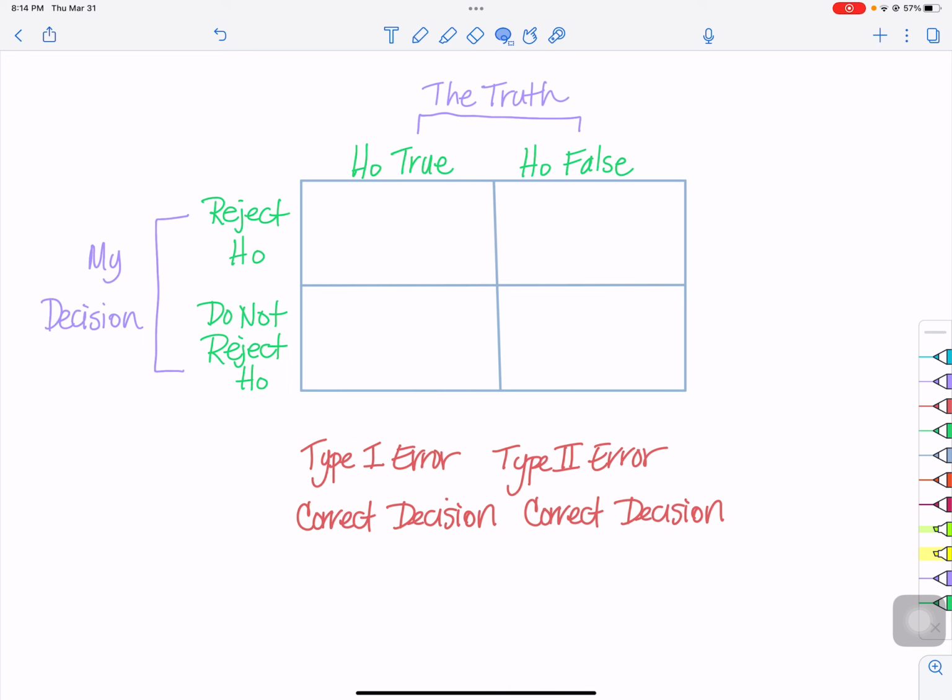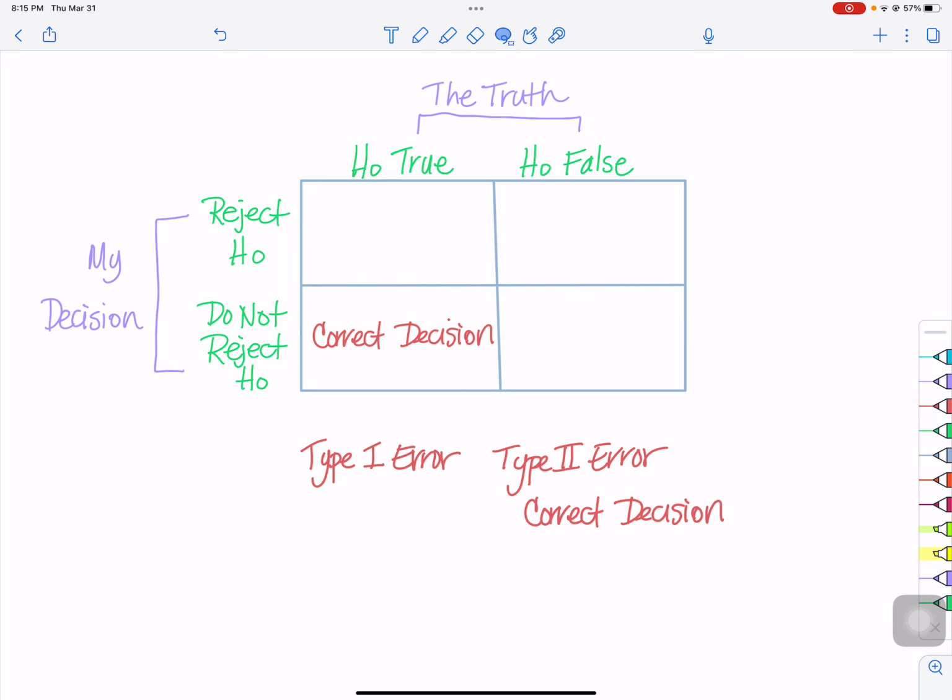So now let's take a look because we have 4 spaces. Let's begin with the correct decisions. What if the null hypothesis is true and we do not reject it? If we do not reject a null hypothesis, that's correct. We want to leave the null hypothesis alone. So that is a correct decision.